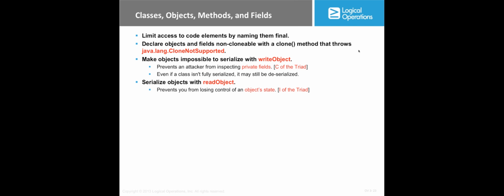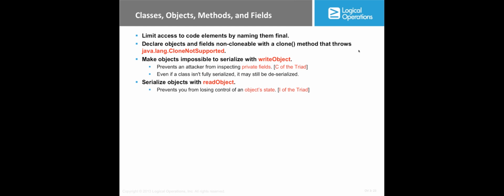Now, some objects have to be, or would rely on the ability to, serialize themselves. But we do that with some level of specificity. So for serialized objects, we execute, say, read object. What you're really doing is preventing yourself from losing control of the object state.